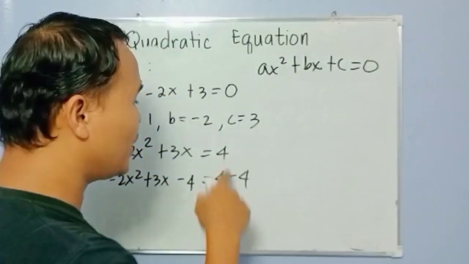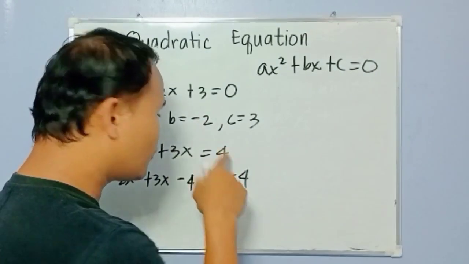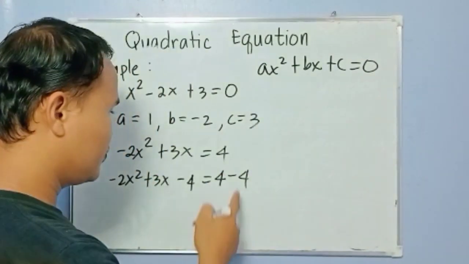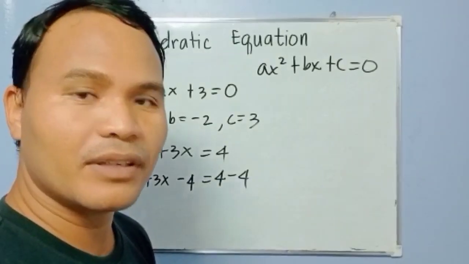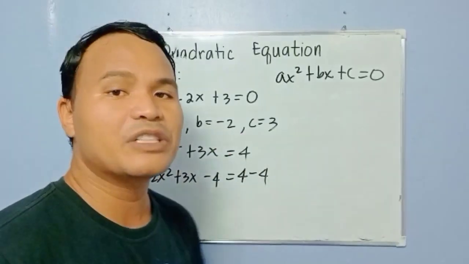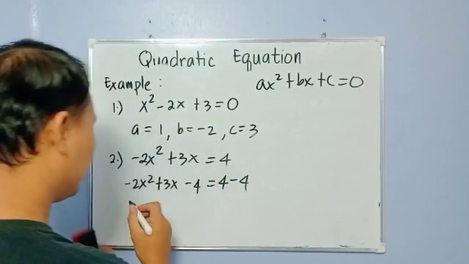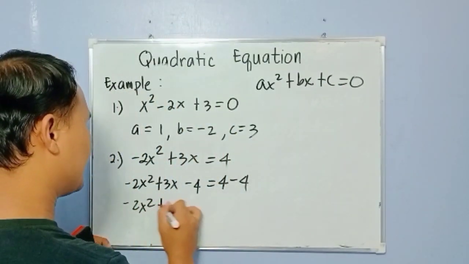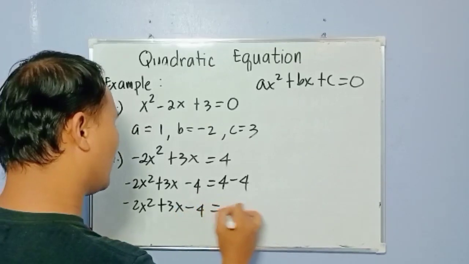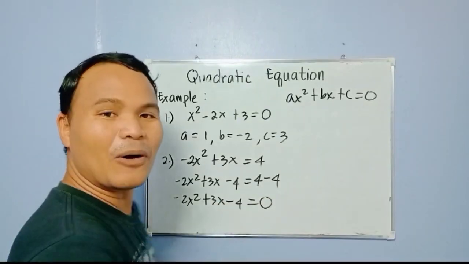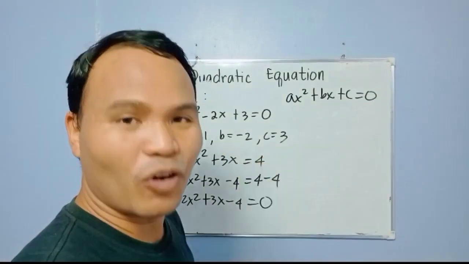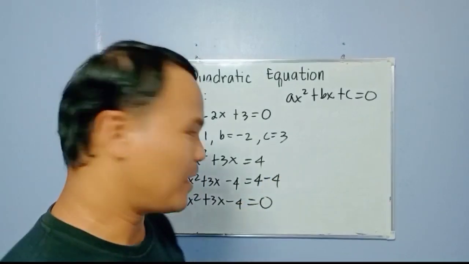So the process is we are going to subtract 4 by 4 to make it 0. This process is called the subtraction property of equality. So what will happen? Negative 2x squared plus 3x minus 4 equals 0. This is now the standard form of a quadratic equation.